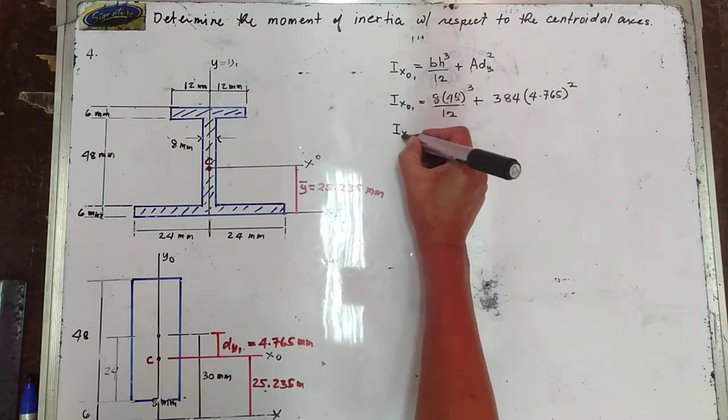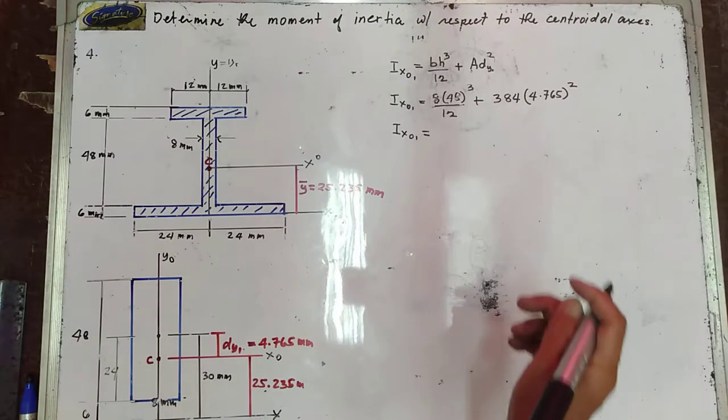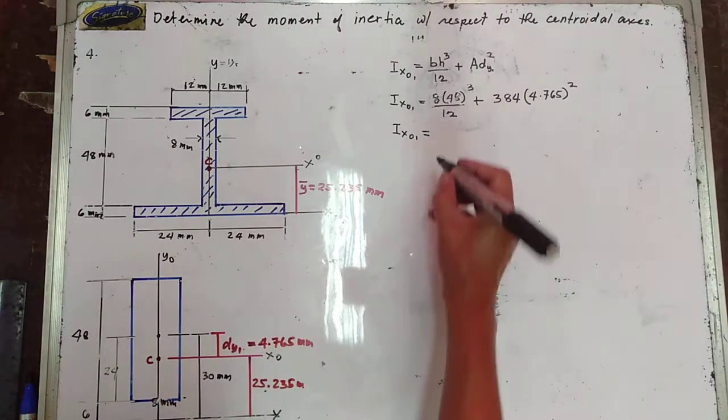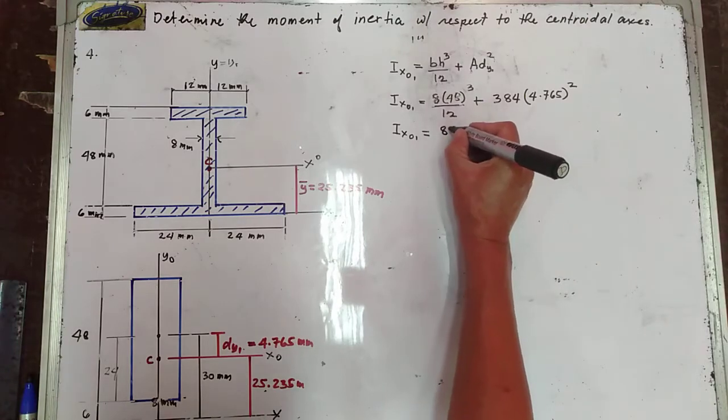So that your IXO1 is now equal to 82,446.